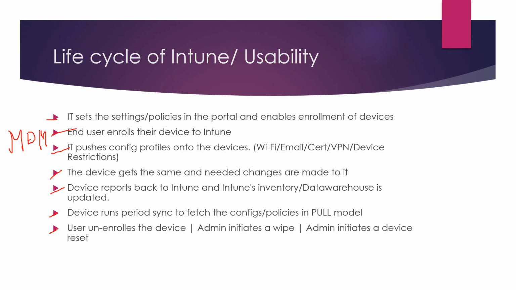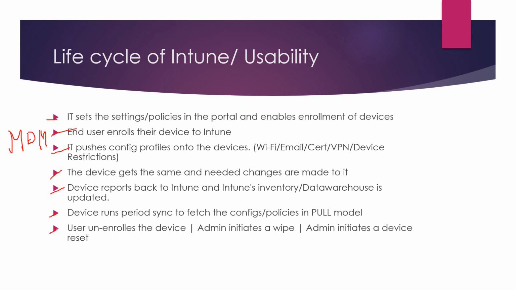First, the Intune admin will go to the portal and make sure that he has given specific access to the end users, so that the end users can enroll their devices. The end user will then install the Company Portal application and do the enrollment, and then the IT admin will make a specific kind of policy. The policy will hit that device, and the device will act accordingly, and then the device will report back to the Intune service, and the data warehouse or inventory or the reporting in the portal will be updated.